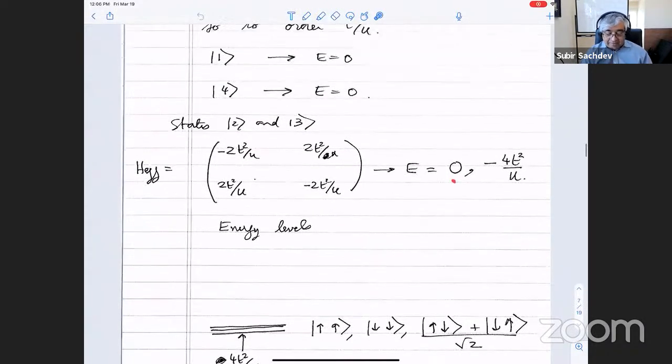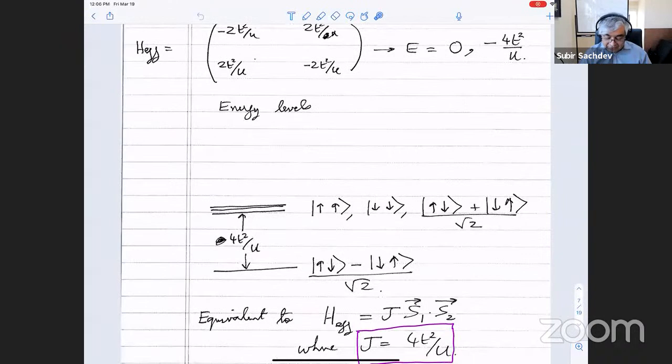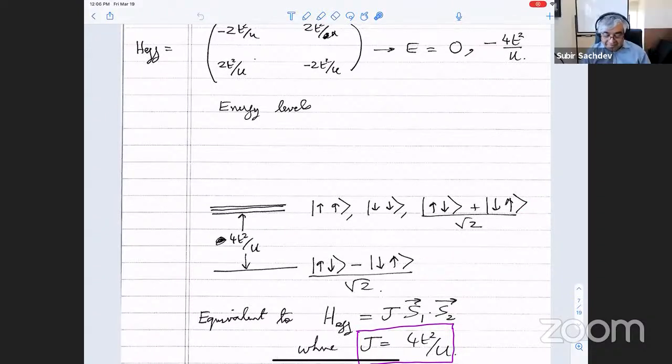This procedure also gives us the wave functions. Some of these states are just 1 and 4, and you can look up what the wave function is. And 2 and 3 form this 2x2 matrix, whose eigenvectors are just symmetric and anti-symmetric combinations. So you can write down the wave functions of these states in this projected subspace of 4 states. And now you look at this and it's extremely familiar.